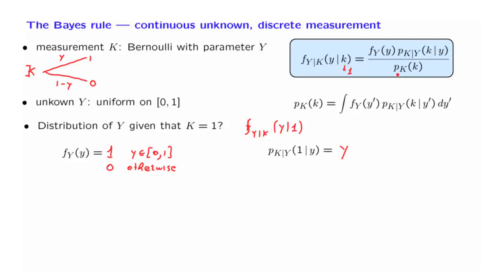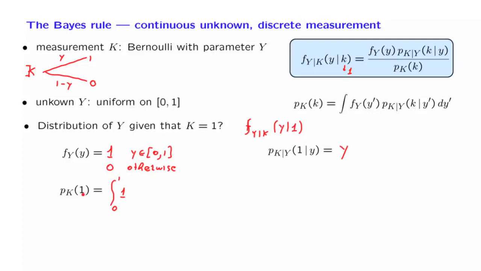The next term that we need is the denominator. We will use this formula. It is the integral of the density of y, which is equal to 1 only on the range from 0 to 1, times this probability that k takes a certain value.